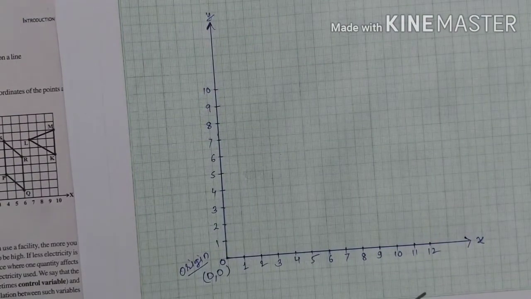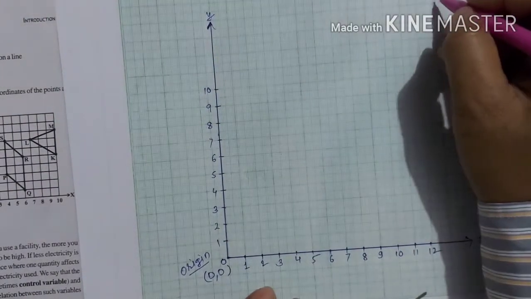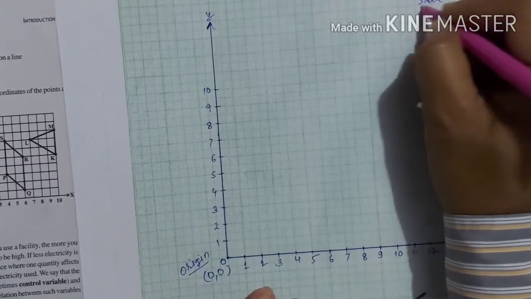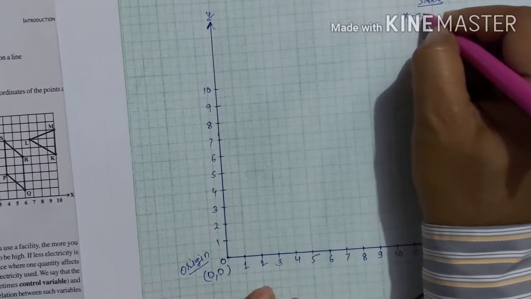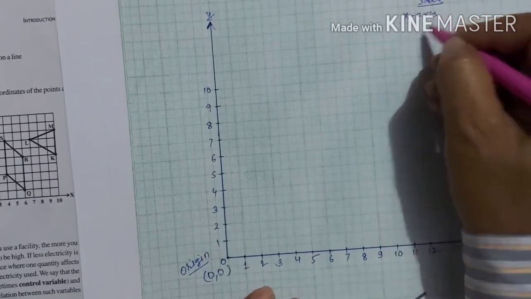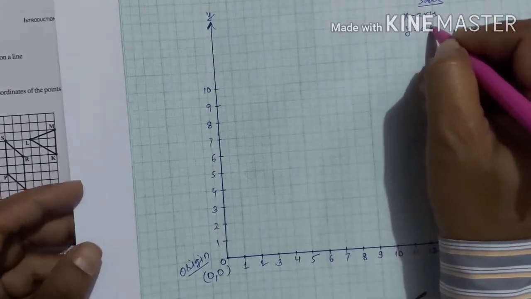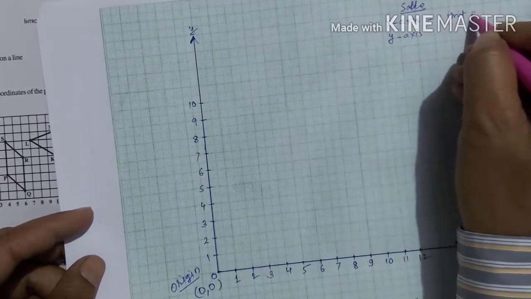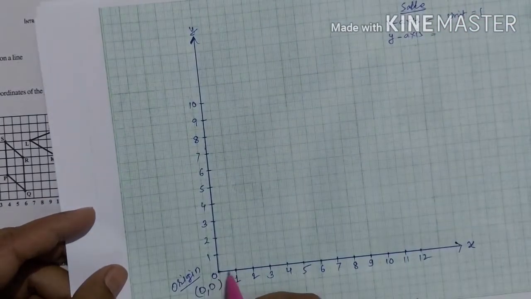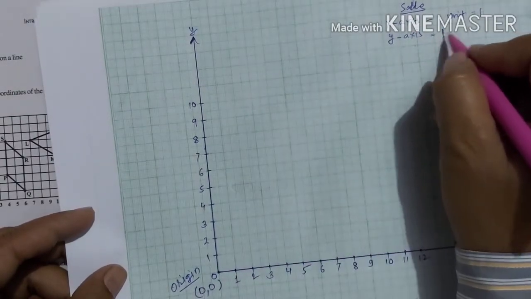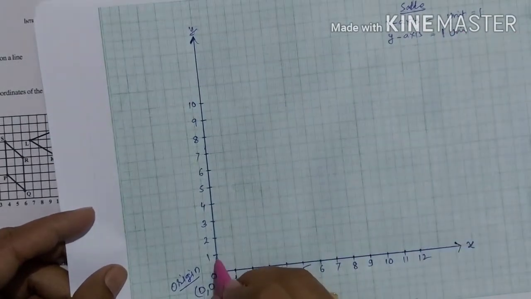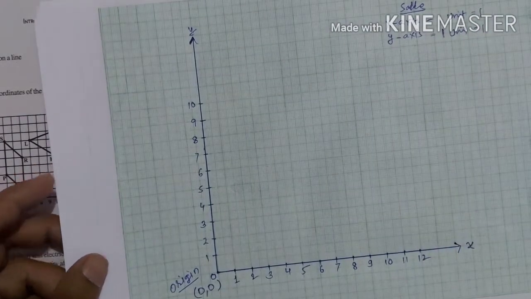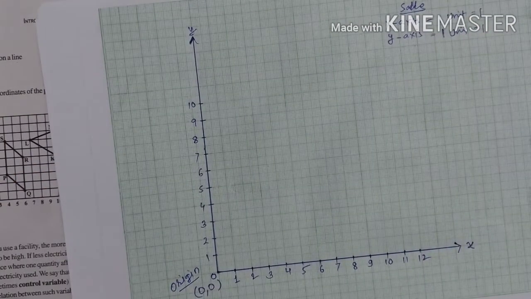Okay, and scale is very important. Scale for the x-axis and y-axis: on the x-axis 1 unit is equal to 1. This 1 block is 1 unit. In the y-axis 1 unit is also 1. Okay, now plot the graph.